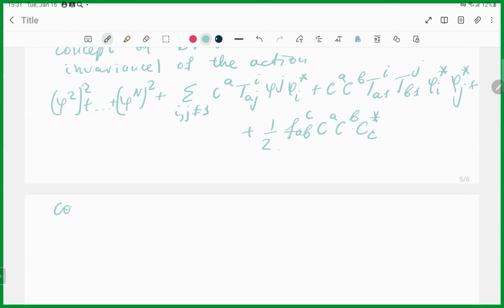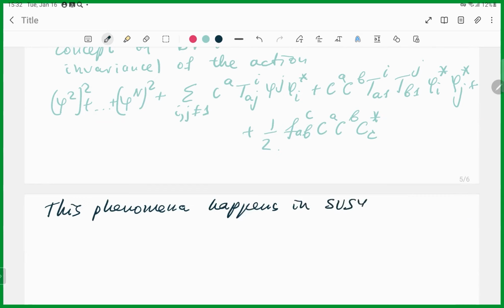This phenomenon happens in the supersymmetry that we studied. Remember, we studied N equals 1 and N equals 2 theories.